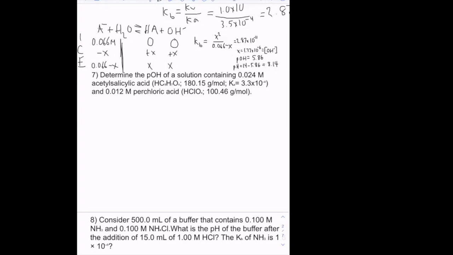Because it's a strong acid, for every 1 mole of perchloric acid, you're going to have 1 mole of H3O plus. And so in this case, we have 0.012 molar H3O plus, and this is actually going to be that initial H3O plus concentration.